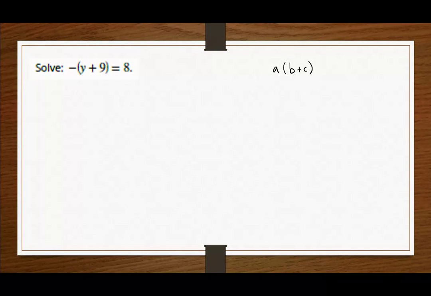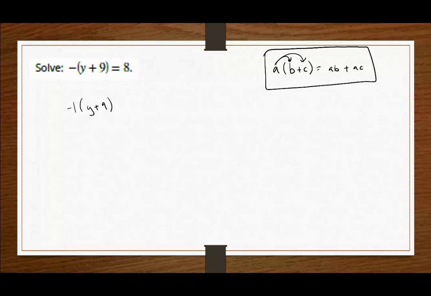A specific example is -1 times y plus 9. Some students refer to this coefficient outside of the parentheses as -1 so that they can more easily digest the process of distribution shown here in the top left corner. That's our generalized expression for distribution.